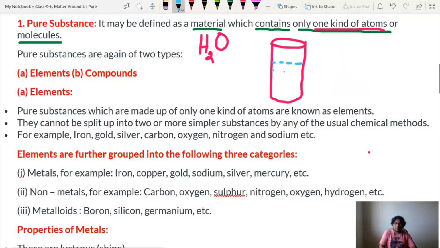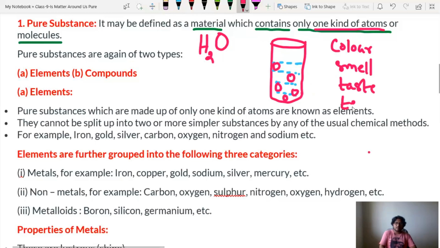Now, whatever part you want, you can consider in this water. You can consider this part, this part, this and this. Whatever part you consider, if you observe its color, smell, taste, texture, etc., everything will be the same.